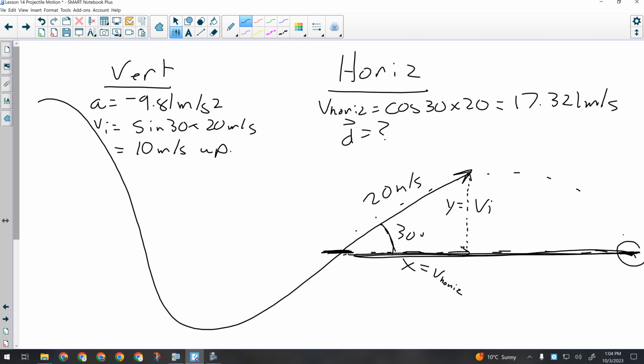Everyone follow my logic on that? So if my initial velocity is 10 meters per second up, my final velocity is... Now, that's only true if the takeoff point and the landing point are equal heights. That's not always going to be true. There's one other piece of information.